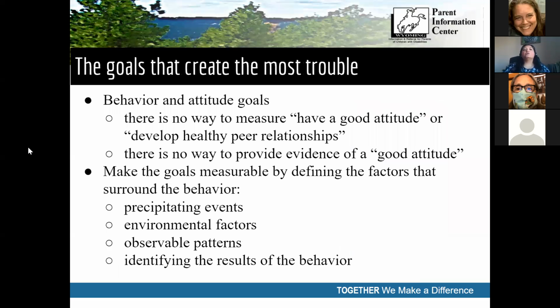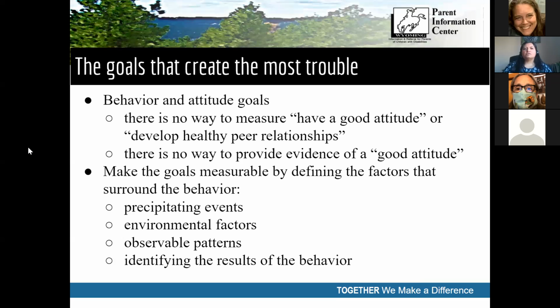I think the ones that trouble service providers and teachers the most are behavior and attitude goals, because there's absolutely no way to measure "have a good attitude." Susan is going to have a good attitude this year, or Jim is going to develop healthy peer relationships. We don't have any way to provide evidence of a good attitude or what a healthy peer relationship is always going to look like.